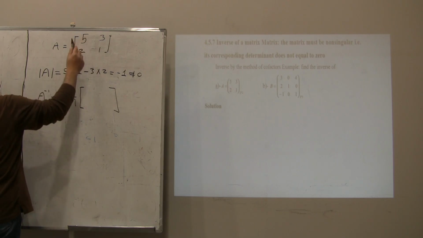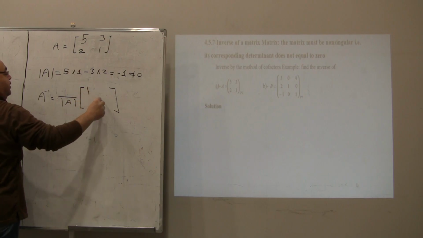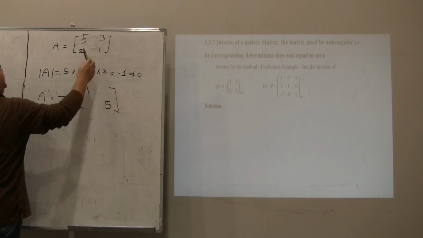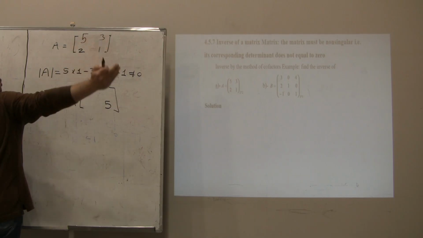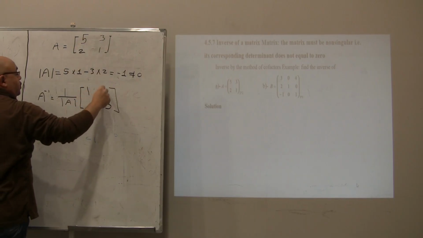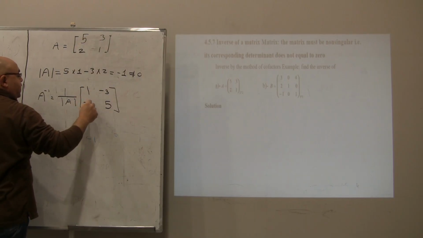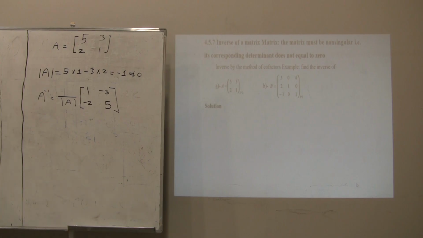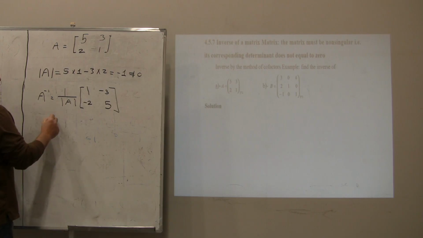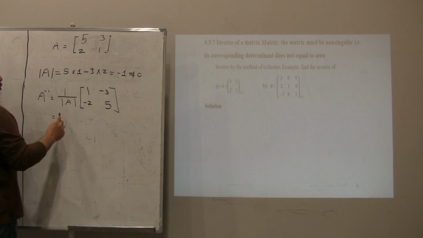Replace the elements of the principal diagonal, which are going to be 1 and 5. And then change the sign of the secondary diagonal, which are negative 3 and negative 2. So all you have to do is replace the elements on the principal diagonal and then change the sign. And then divide by the value of the determinant, which is negative 1.